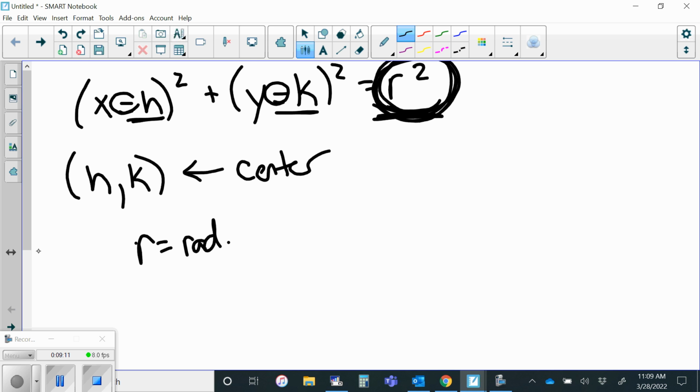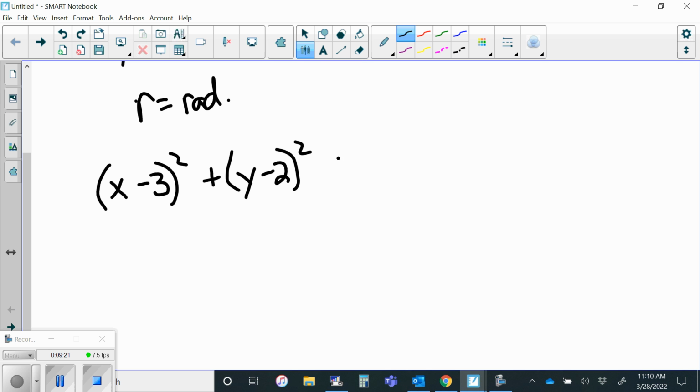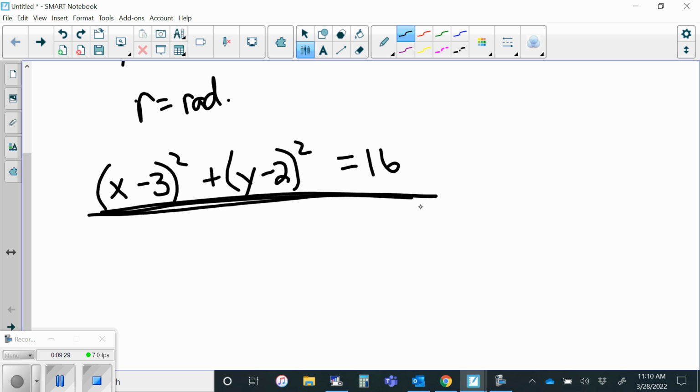So if I gave you an equation like this, x minus 3 squared plus y minus 2 squared equals 16. Well, first off, because of the way the equation is written, what kind of shape do you know this equation is going to make? A circle.